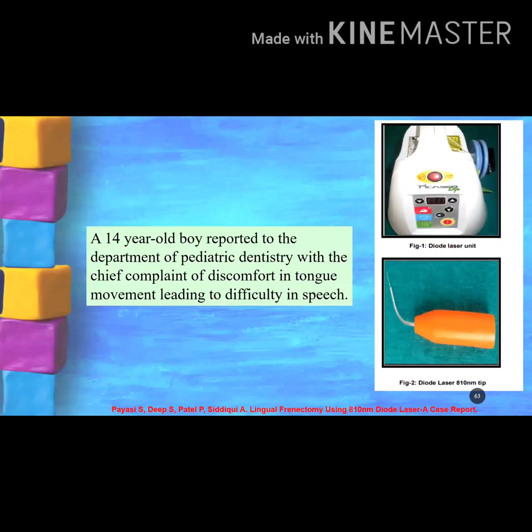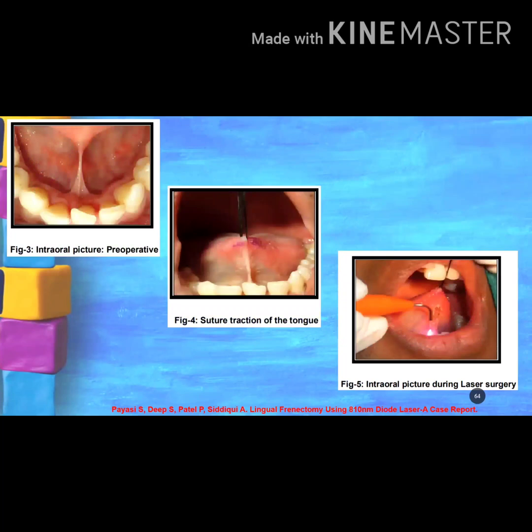Now, one more article: a 14-year-old boy reported to the department of pediatric dentistry with the chief complaint of discomfort in tongue movement leading to difficulty in speech. After anesthesia, they used a diode laser.